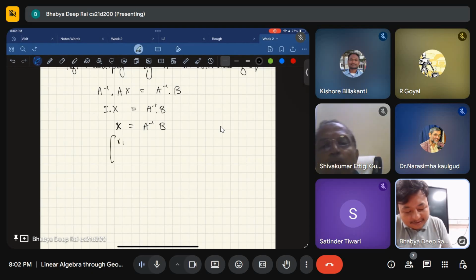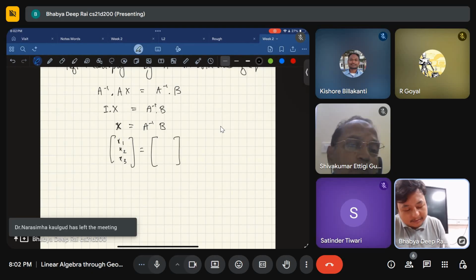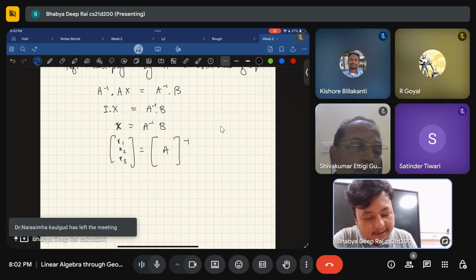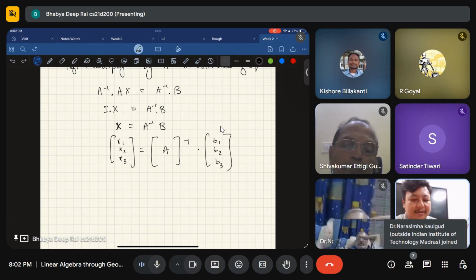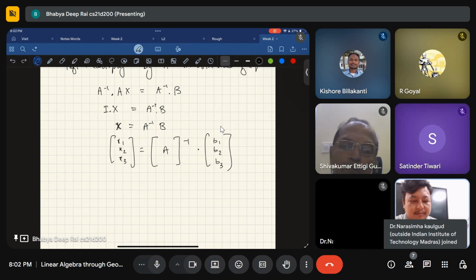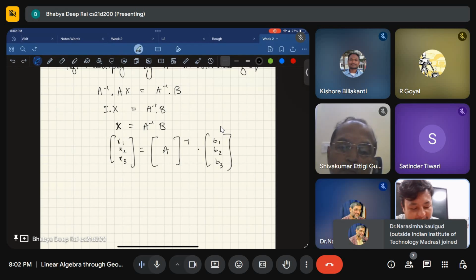X is just your unknown, times 1b, 2b, 3. So here is a technique to actually solve a system of linear equations. How do you do that? You compute the inverse.